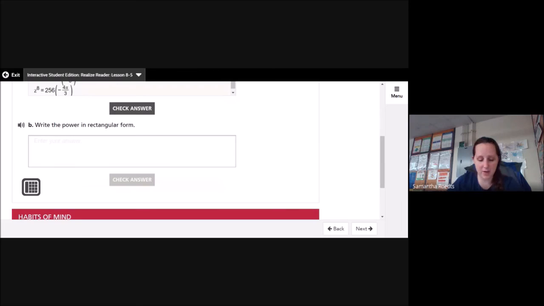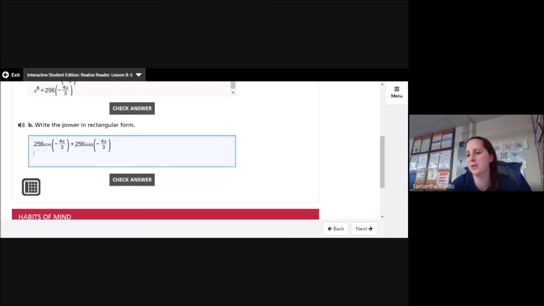So from there, I'm putting that in rectangular form. So if I were to take 256 cosine negative 4 pi over 3 plus 256 I sine of negative 4 pi over 3.